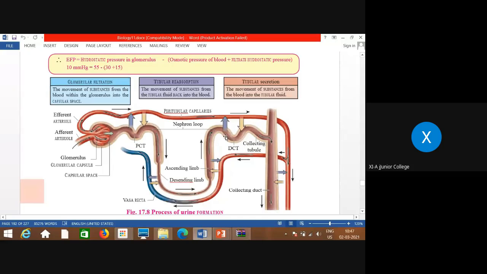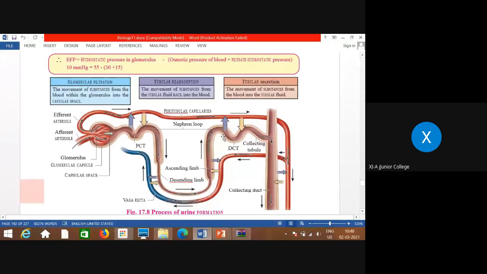When urea concentration is high in this region, then it is diffused out of this renal tubule, absorbed by the blood vessels or the tissue fluid. And when the urea concentration in the blood becomes more, it is again diffused, and the urea concentration is increased again in the tubular region, that means the renal tubule region.